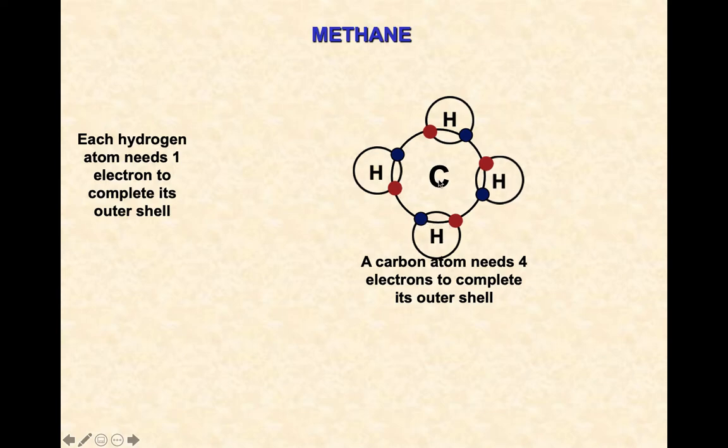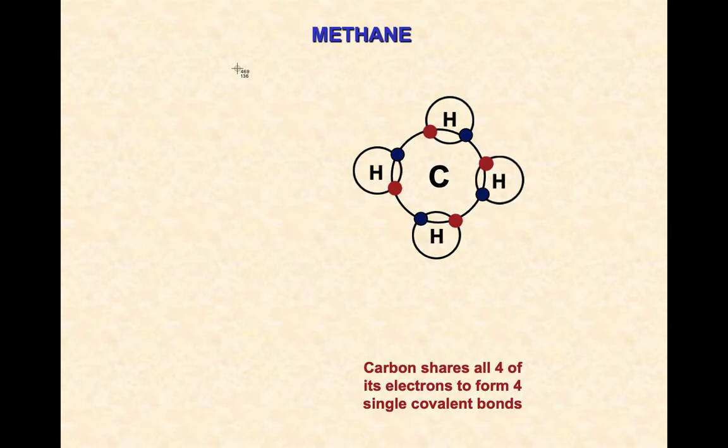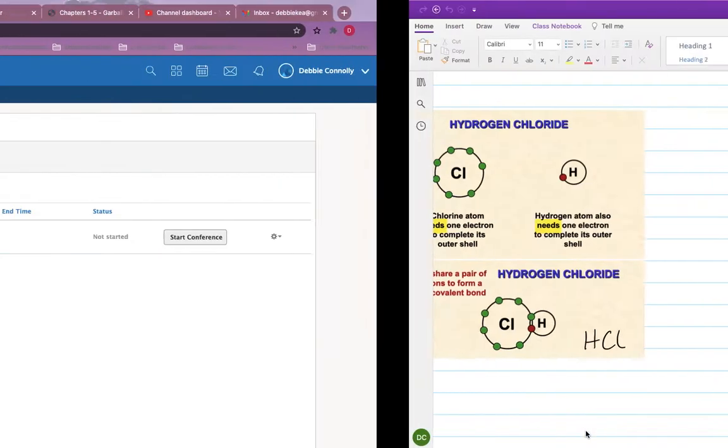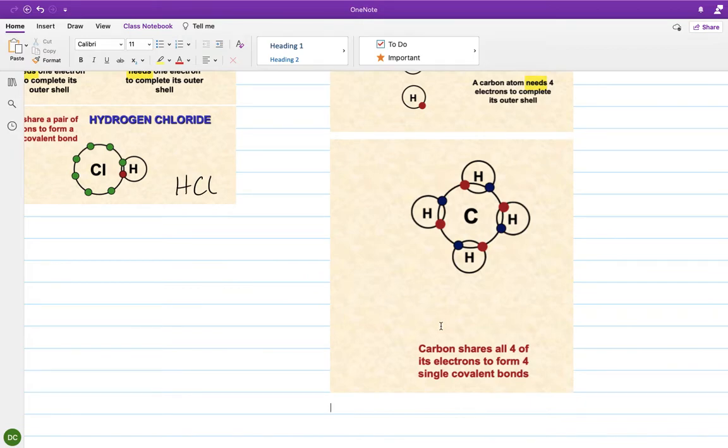And the carbon also has a full outer shell of 1, 2, 3, 4, 5, 6, 7, 8. So carbon shares all 4 of its electrons to form 4 different covalent bonds. Now, what does the molecular formula look like for this one? You have a carbon and then 4 hydrogens. So CH4.